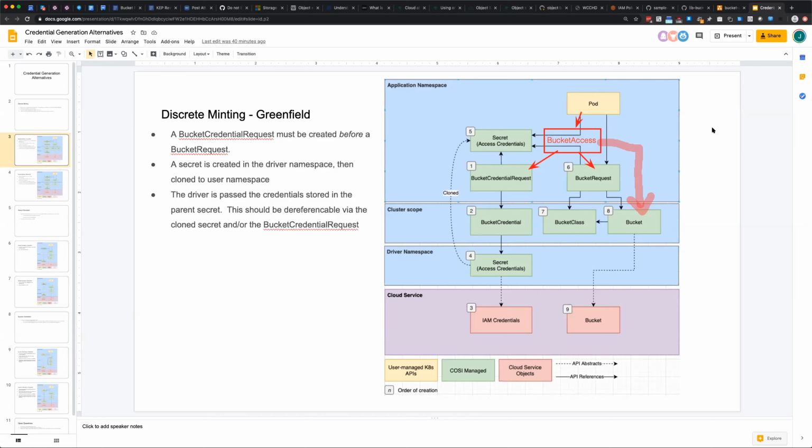The other option would be, I want to garbage collect this bucket: once it has no references, it should be deleted. Then it's mainly a matter of reconciling bucket requests. Once they change, check if you still have references, and then decide to delete. I'm a lot more comfortable with the reference counted garbage collection approach than with deleting the original requester and then we all go away.